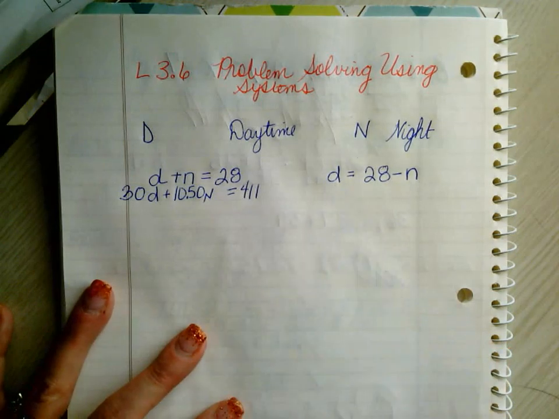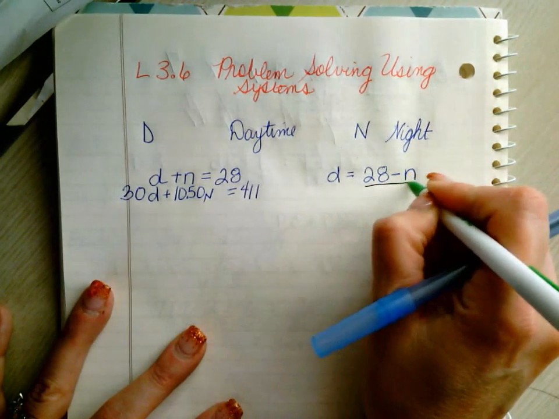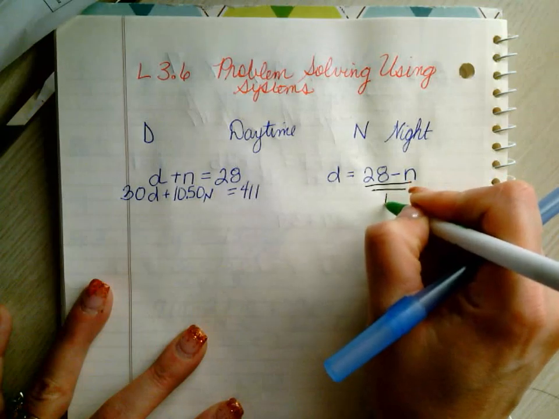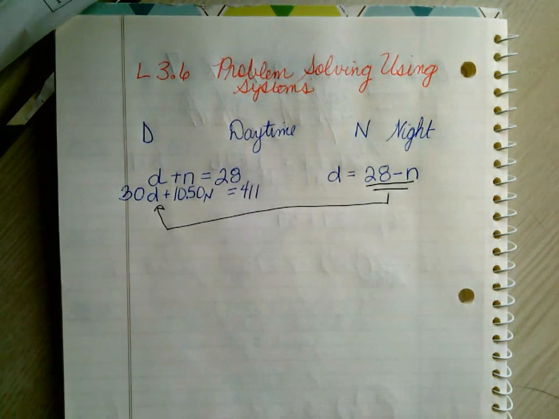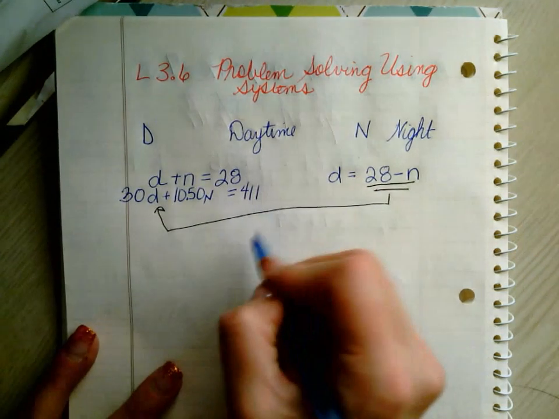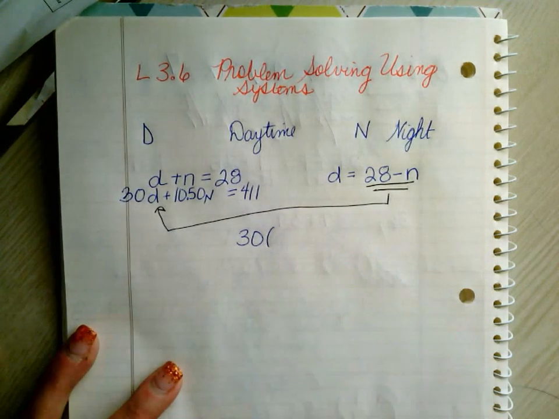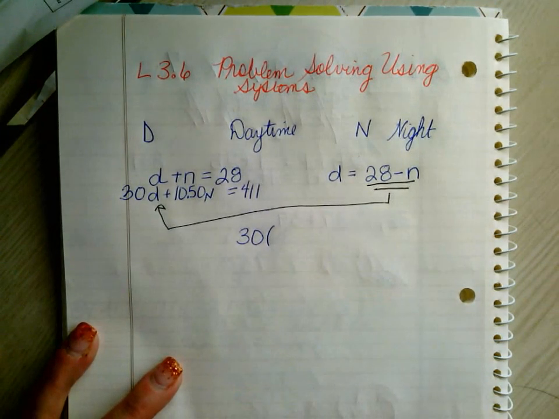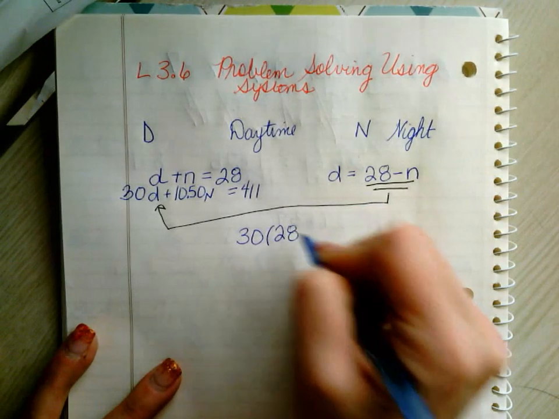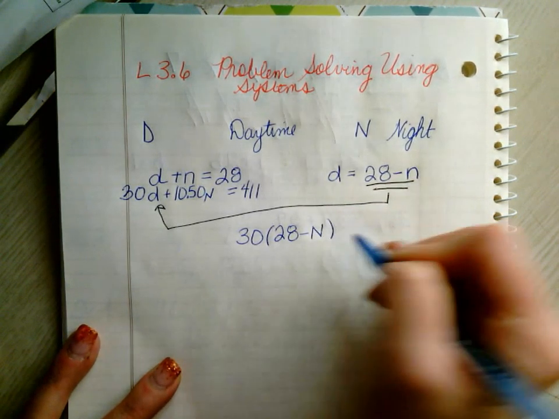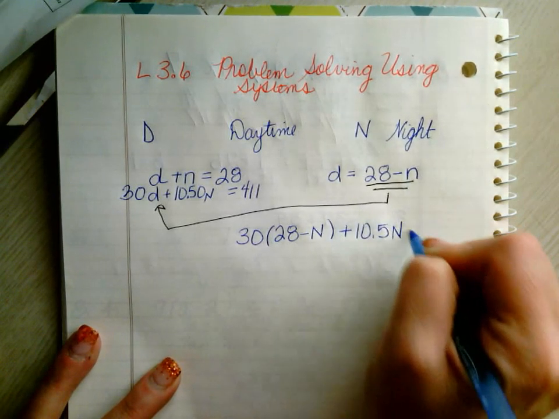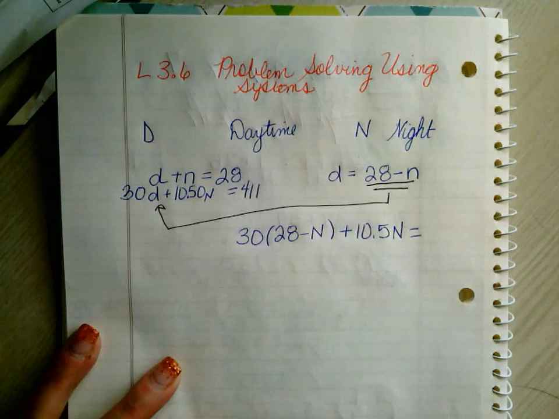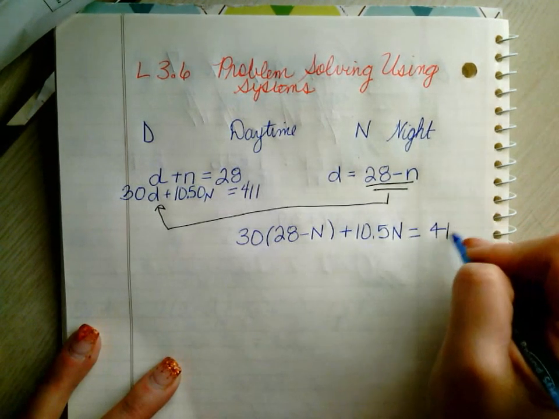Okay, so I can take this value right here and substitute it for the D, daytime, in the other equation, which gives me the following. 30 times what I solved D to be, which is 28 minus n, added to 10.50 times n, all together equals $411.